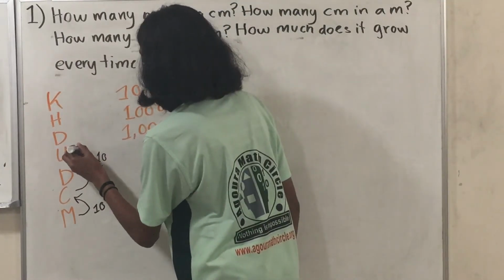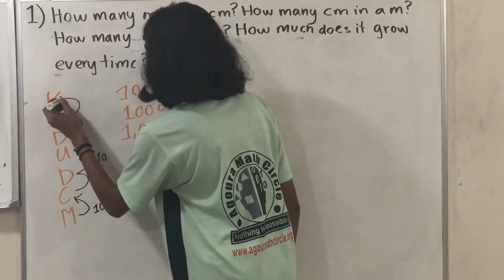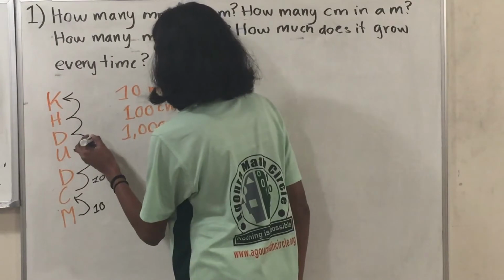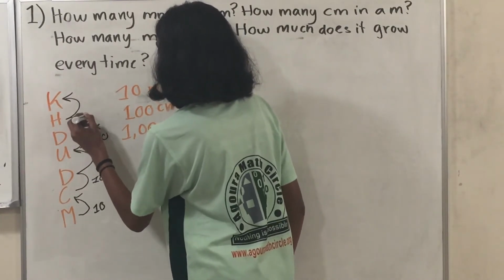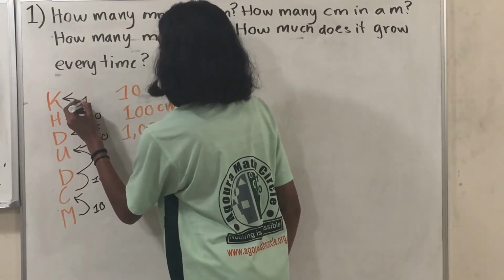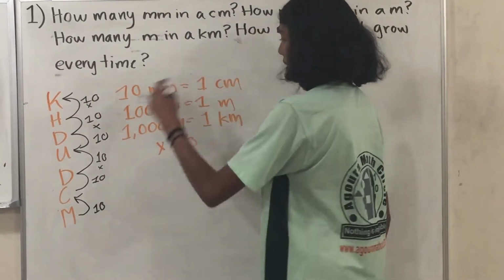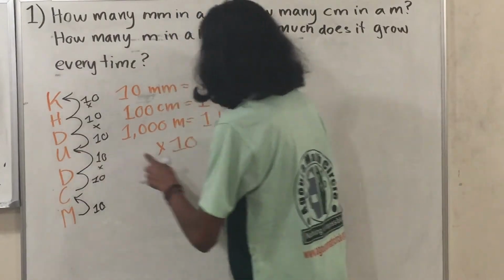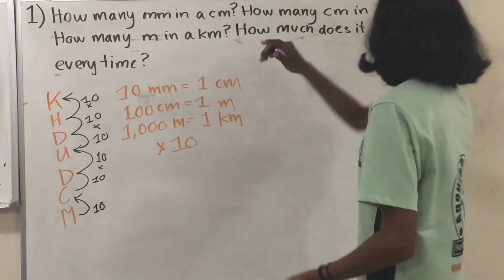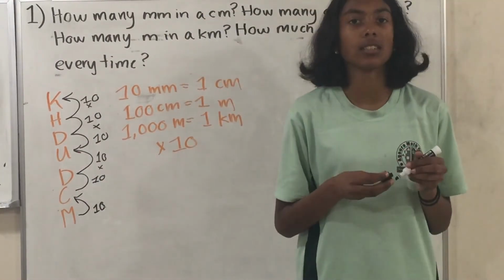Now, going from our units to our kilometer, we do 1, 2, 3 jumps of 10, which is 1,000 meters in 1 kilometer. And every time we do a jump, we multiply by 10, and that is our answer to the 4th question.